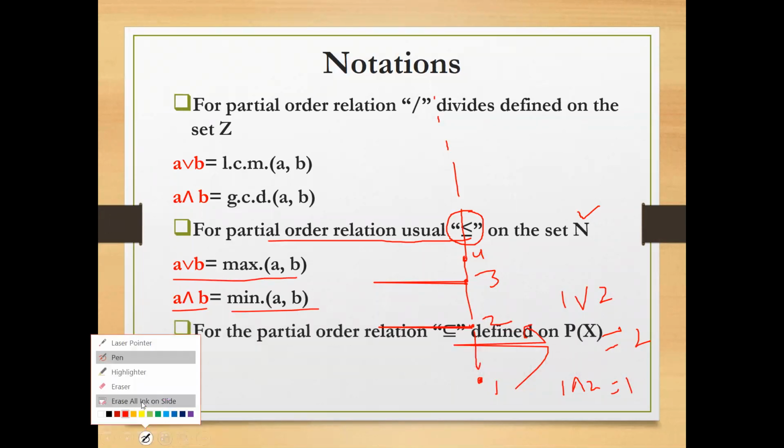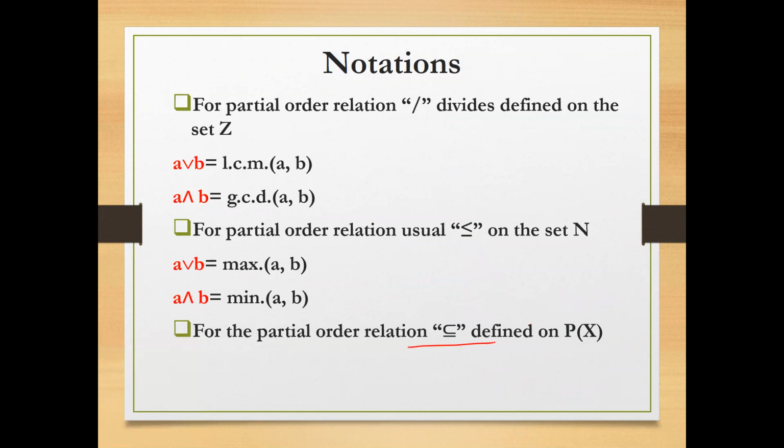And similarly, for the third partial order relation, that is the subsets. The partial order relation subset is defined on the power set of X. So in this case, the join means the union of two sets and meet means the intersection.